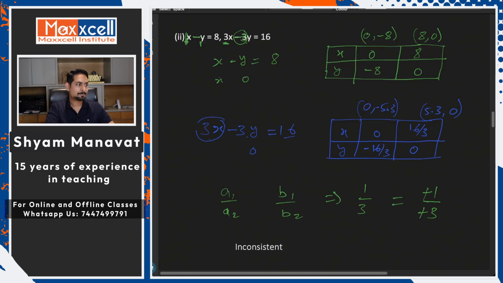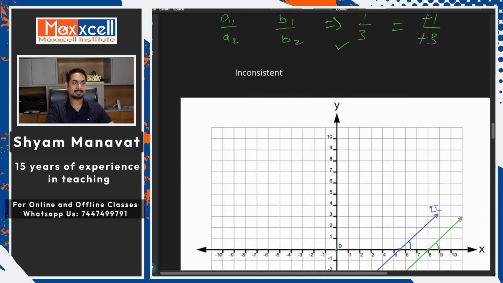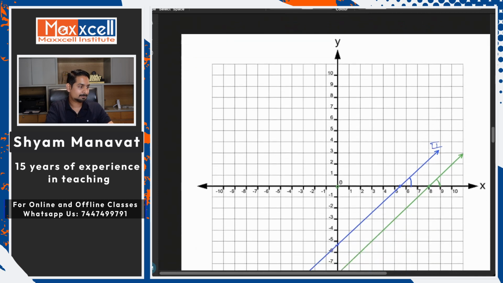So what do you learn here? The ratios of coefficients of x and y for these linear equations are equal. In that case, the slopes must be equal. Because slopes are equal, they will be parallel. Because slopes are equal, they will not intersect. Because slopes are equal, this pair of linear equations is inconsistent. They run with the same distance between them.